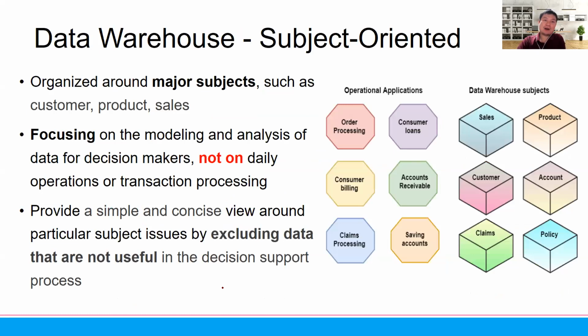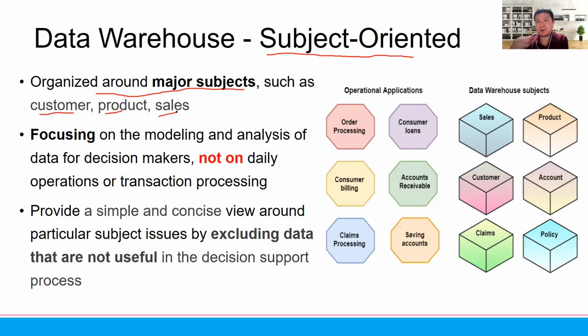In the data warehouse, the first characteristic is subject oriented. If you are dealing with subject oriented, it means it will be organized around the major subjects. The major subject depends on your organization. If your organization is a business organization, then it will be related to the customer, product, and sales.